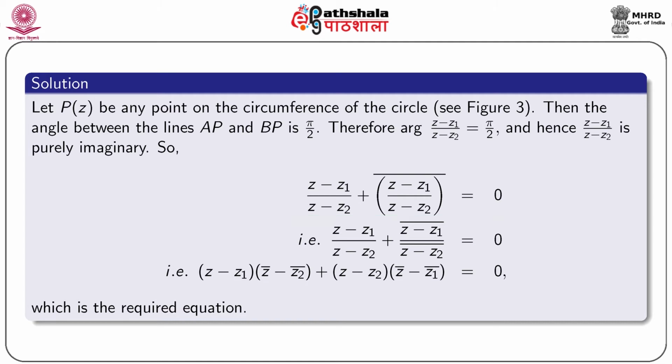That is, we get (z minus z1) by (z minus z2) plus conjugate (z minus z1) by conjugate (z minus z2) is equal to 0. And after simple calculation, we get (z minus z1) into (conjugate z minus conjugate z2) plus (z minus z2) into (conjugate z minus conjugate z1) is equal to 0, which is our required equation of the circle.